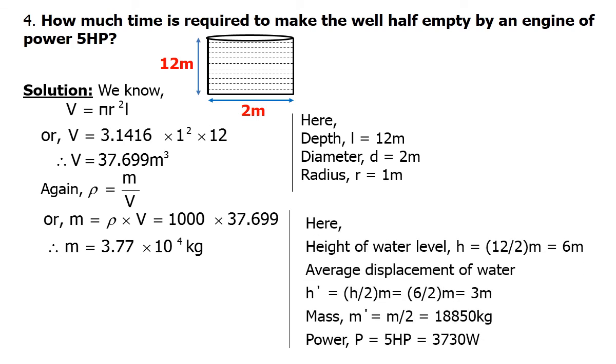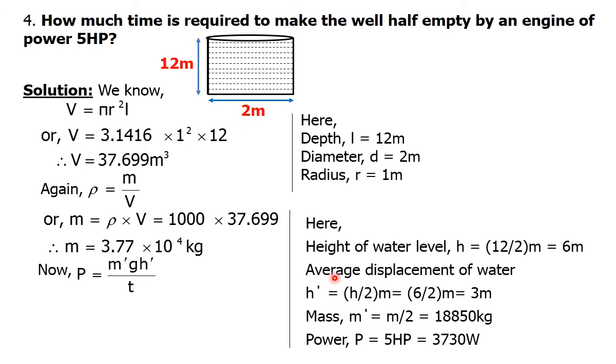And now the main thing of this math is to calculate the average displacement of water. Here the water level of the well is 6 meter, because we have to empty the well half. That is why the height of the water level will be half of 12, that means 6 meter.